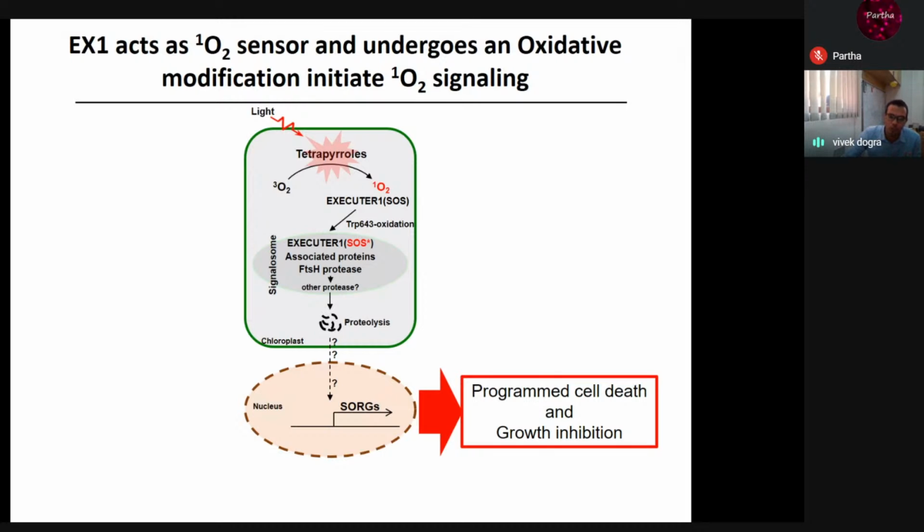Actually, until now, we do not know what this protein makes, because there is one hypothesis that the degraded products can come out to the nucleus, but until now, there is no report that a protein can come out from the chloroplast. There are always reports about import, but no report about any export of a protein.